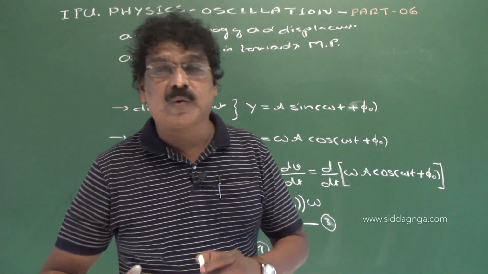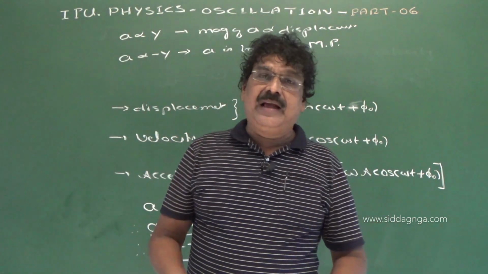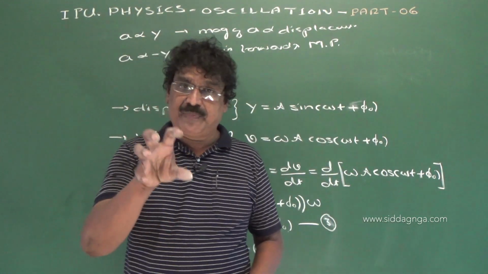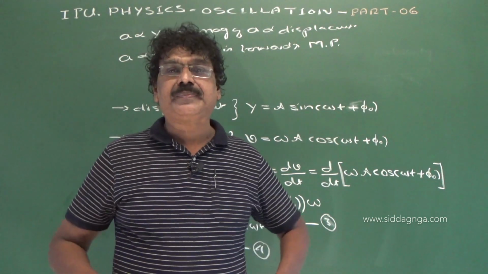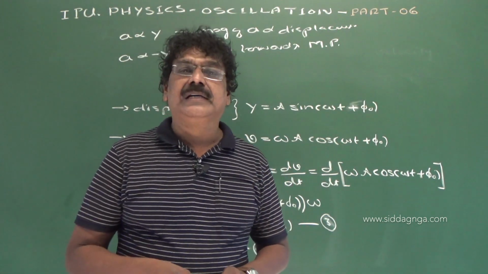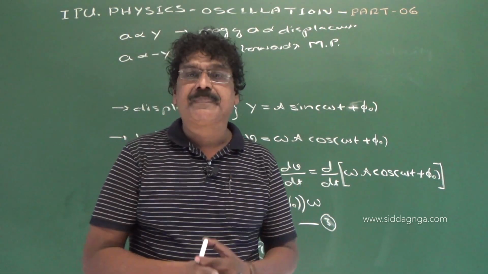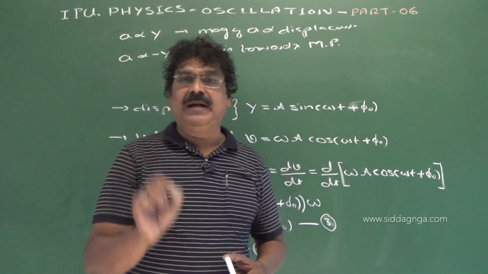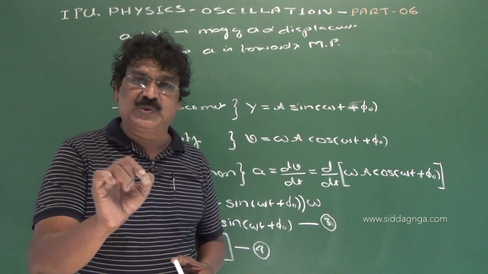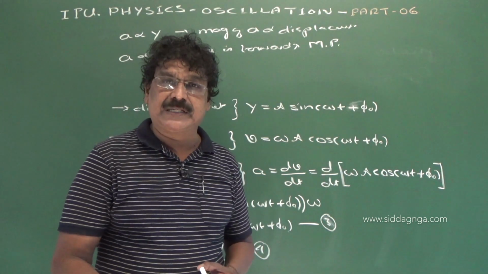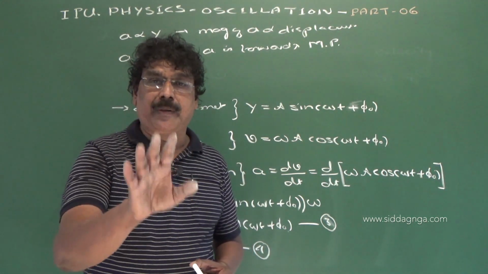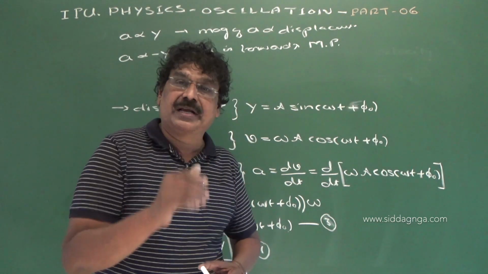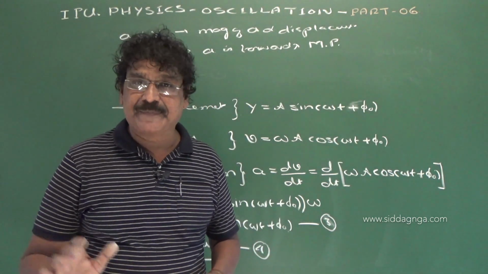So to say whether a harmonic motion is a simple harmonic motion, we will find the acceleration of the motion. If it is found to be proportional to minus y, where y is displacement, then it is a simple harmonic motion, right? Is it clear?